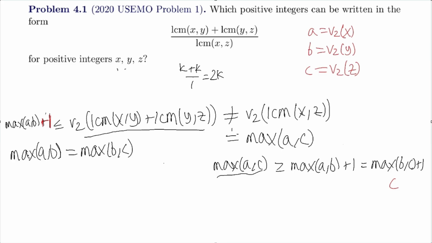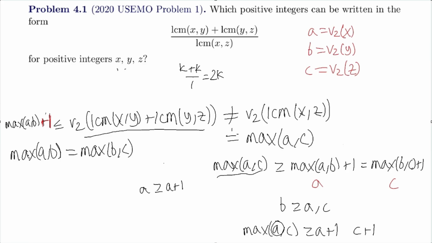And the final case we have to consider is where this one is A and the other one is C. Then B is greater than or equal to both A and C, and therefore max of A and C is greater than or equal to A plus 1 and C plus 1. But if this maximum here was A, then this means A is greater than or equal to A plus 1, which is bad.